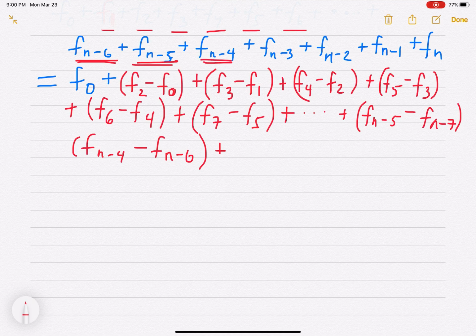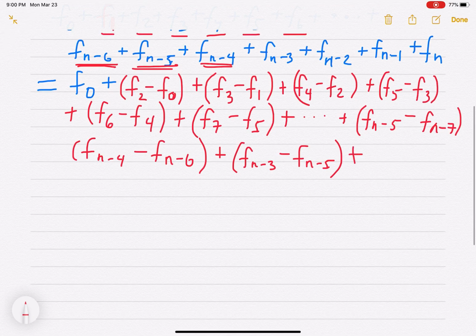Plus fn minus 4, the future, fn minus 3, minus the past, fn minus 5. And then we're going to go on to fn minus 3 and replace that with the future, fn minus 2, minus the past, fn minus 4.